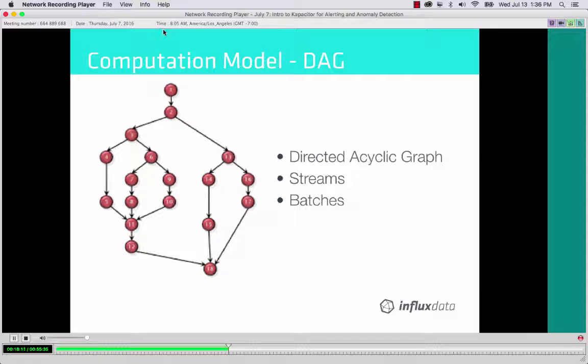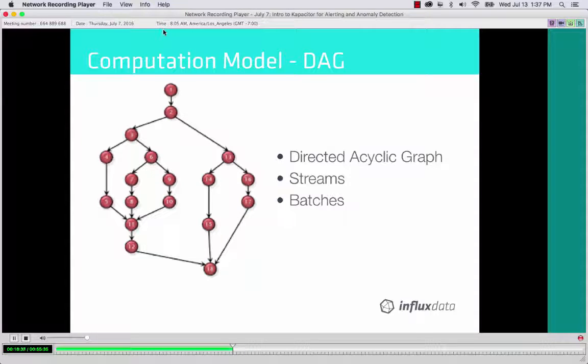So you can fairly easily express these data pipelines: do this, then this, then this, and then this, and this, which is a very convenient way to think about computation. It makes it particularly useful. And this is a common thing that you see in other stream processing systems.